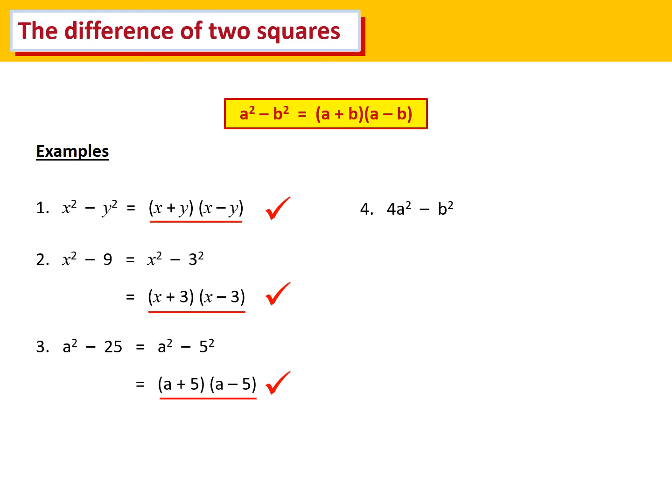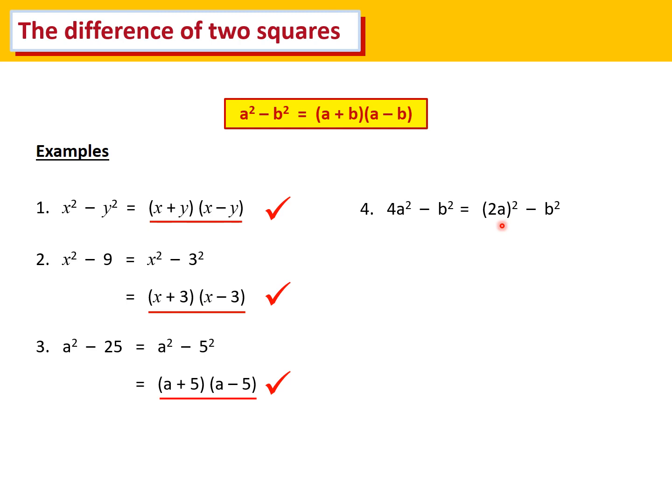So it isn't quite in the form of the difference of two squares. But we can rewrite 4a squared as 2a all squared, because 2a all squared means 2a times 2a, which is 4a squared. So these two things are the same.